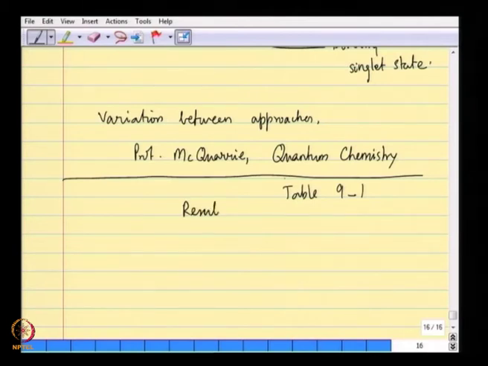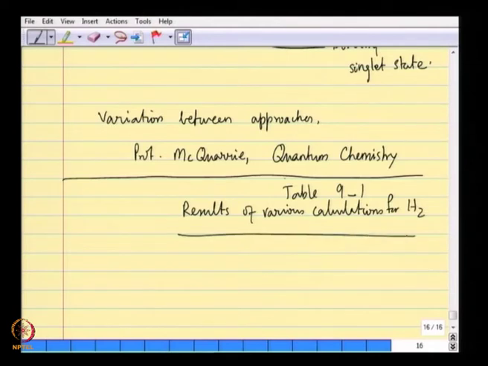This table contains many data, various calculations for H2. There is a reference to the valence bond method, two different ways of doing it. There is also a reference to the molecular orbital method, two different ways of doing it.